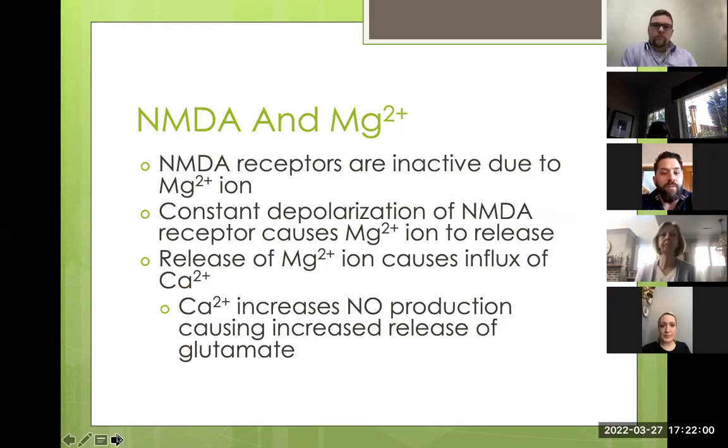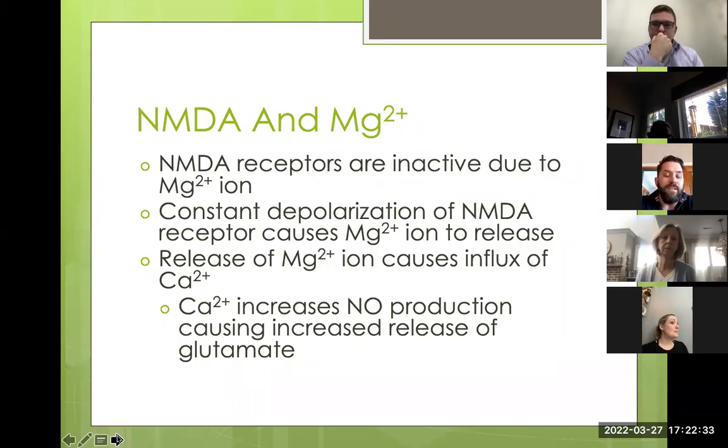I like to go over the marriage, I guess you could say, of the NMDA receptor and the magnesium ion. The NMDA receptor is actually inactive due to a magnesium ion plug. As the NMDA receptor is activated by glutamate, it causes a constant depolarization, and then that magnesium ion is released, which opens up a calcium ion channel and allows the influx of calcium.